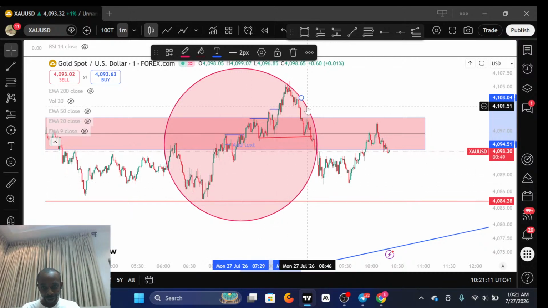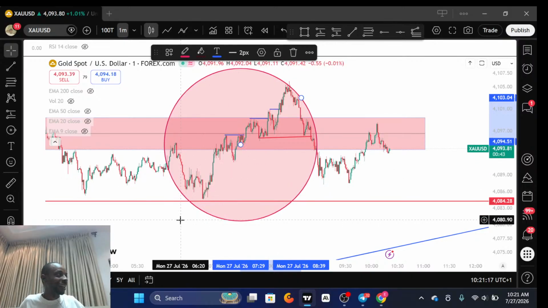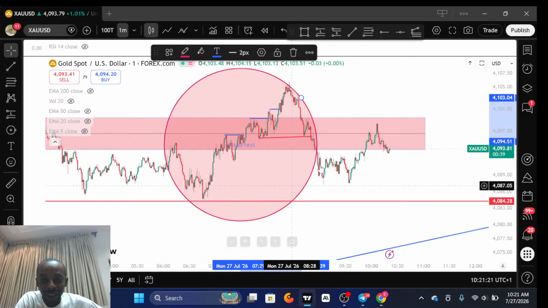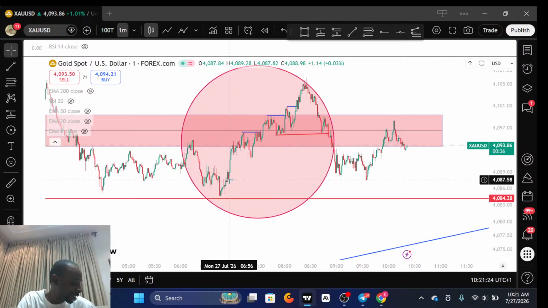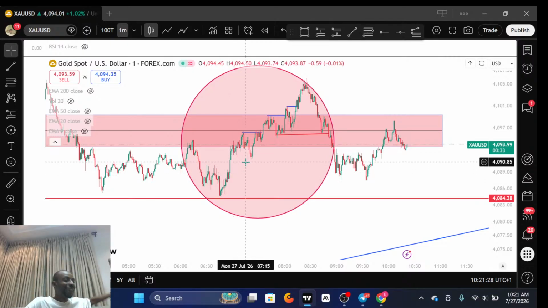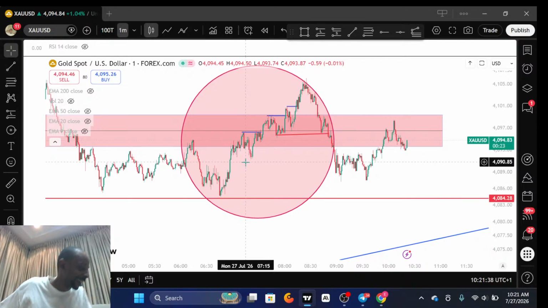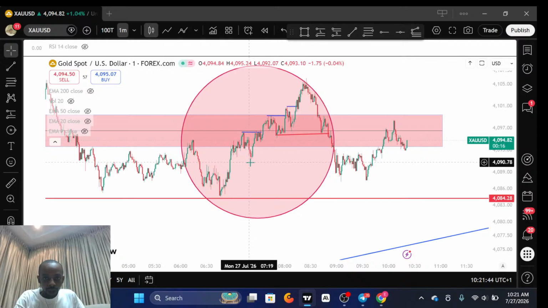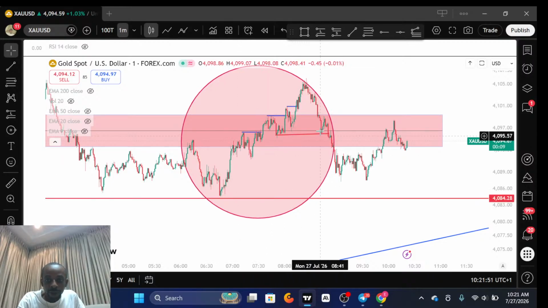You understand? So the market must break below this candle. Every candle inside here must be broken for us to know that okay, this market is ready to go low.